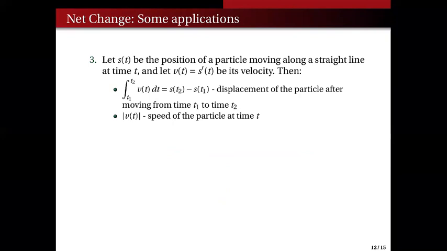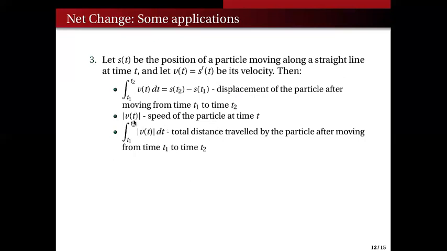So regardless of the direction of the particle, the magnitude of the velocity function gives you the speed function. Therefore, if we integrate this speed function, the integral of absolute value of v of t dt from t1 to t2, this will give you the total distance traveled by the particle after moving from t1 to t2.